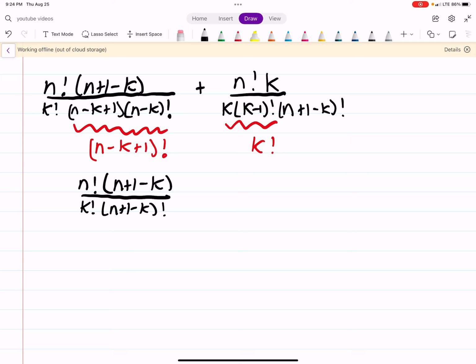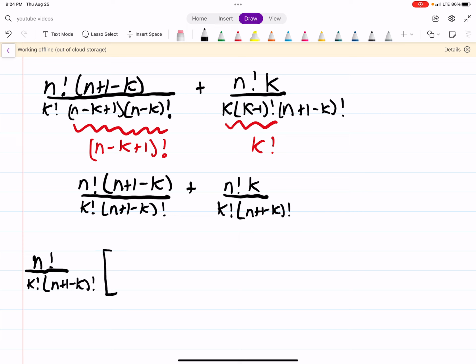Okay, so then you get n factorial times n plus 1 minus k over k factorial times n plus 1 minus k factorial, plus n factorial times k over k factorial times n plus 1 minus k factorial. And we can factor out from both of these an n factorial in the numerator, a k factorial in the denominator, and an n plus 1 minus k factorial also in the denominator. Well, in the first term, you're just going to be left with n plus 1 minus k from this bit. And then on the other side, there's just a plus k. So the k's drop, right?